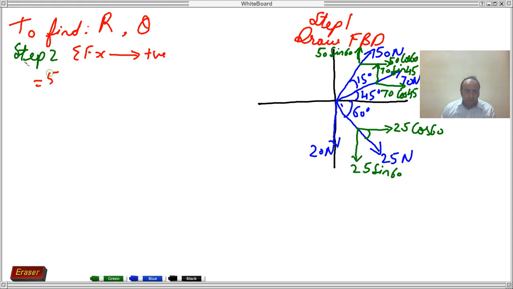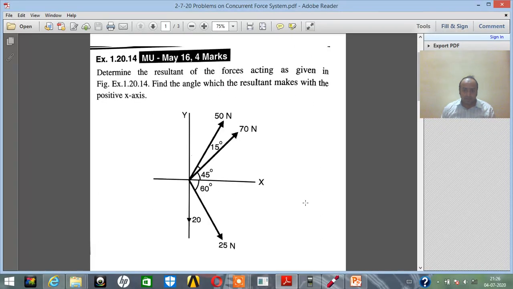So here it will be, my dear friends, 50 cos of 60 plus 70 cos of 45 plus 25 cos of 60. As we are done with this, I will take the calculator and get the value of it.